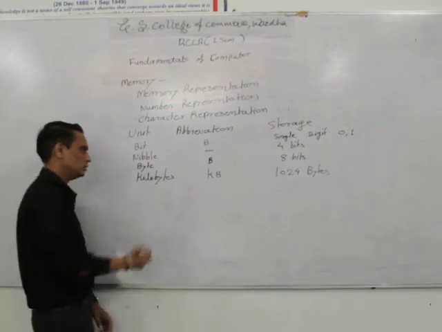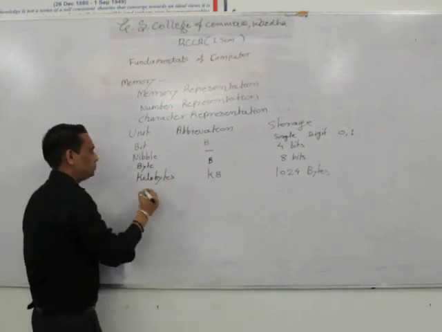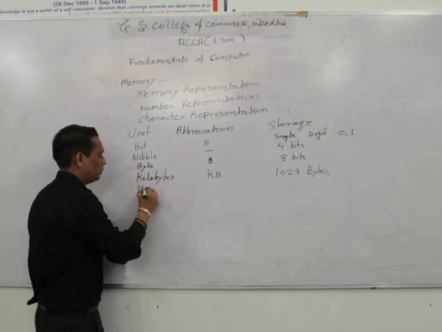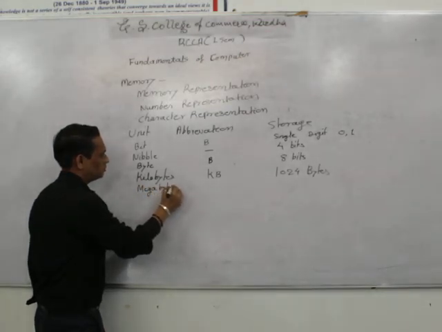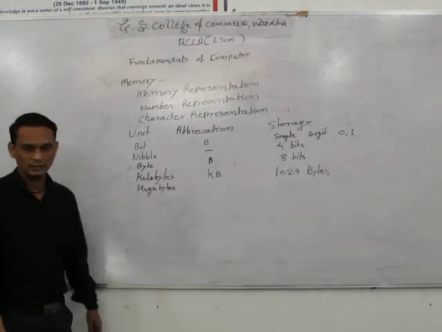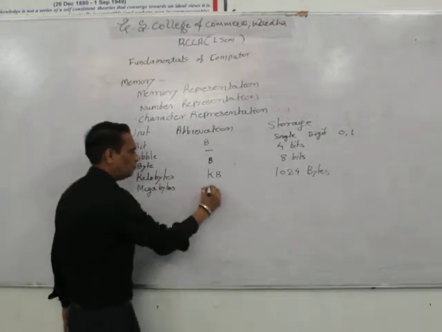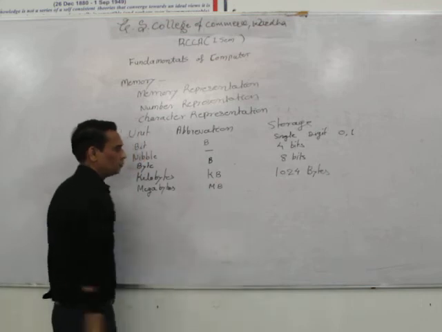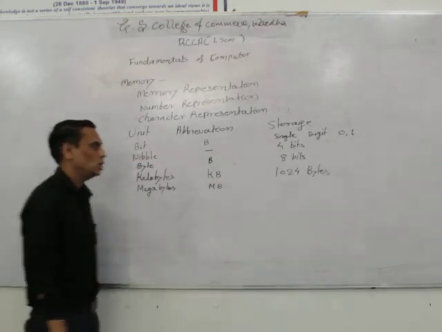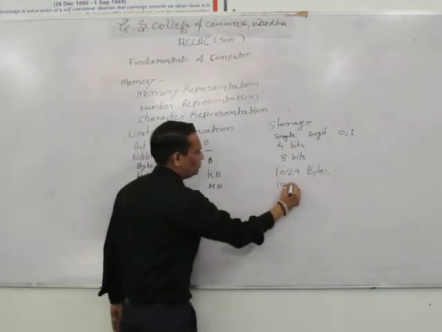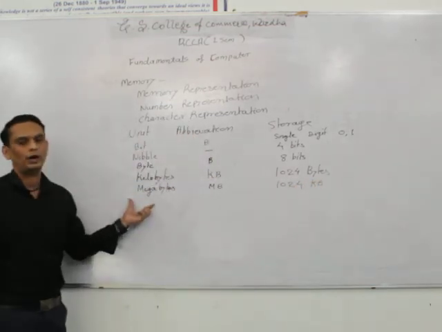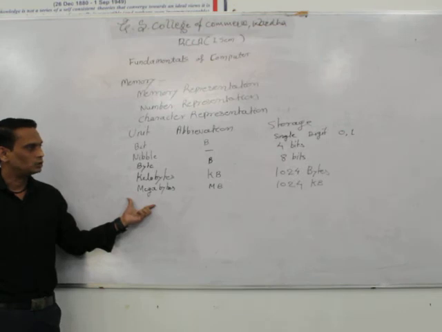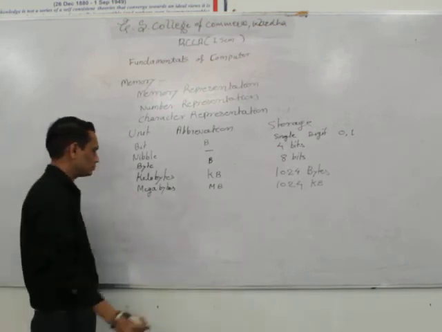After that, the next memory representation is the megabyte, called MB. 1024 KB equals 1 MB.